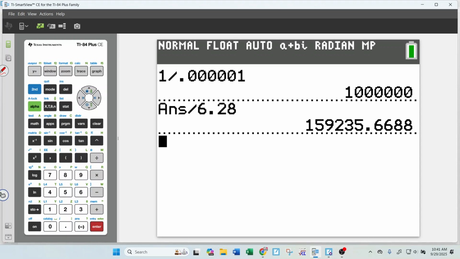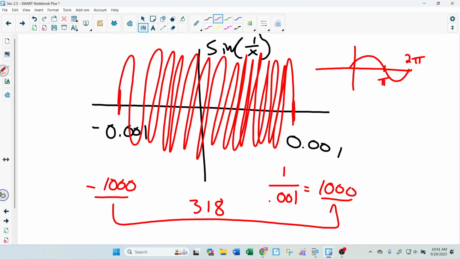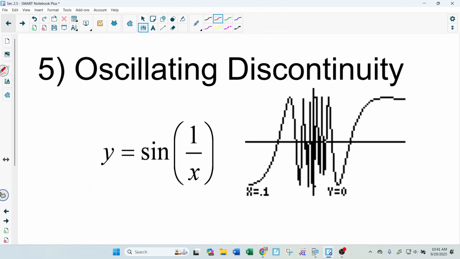And in that little tiny window, you have 160,000 full sine waves. This graph is just going like crazy when you get close to the origin. We can't even graph it because there's just so much going on there. It doesn't exist at 0, and it's just this crazy oscillation. So it's just kind of a weird function.